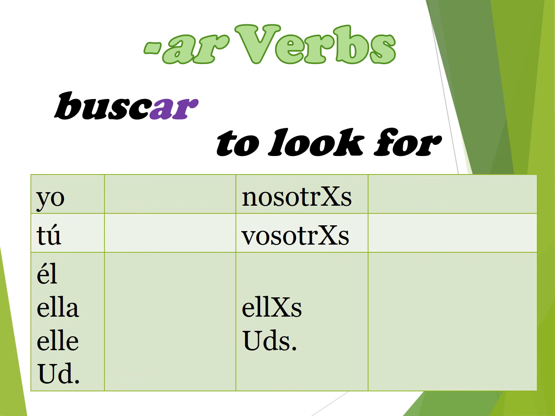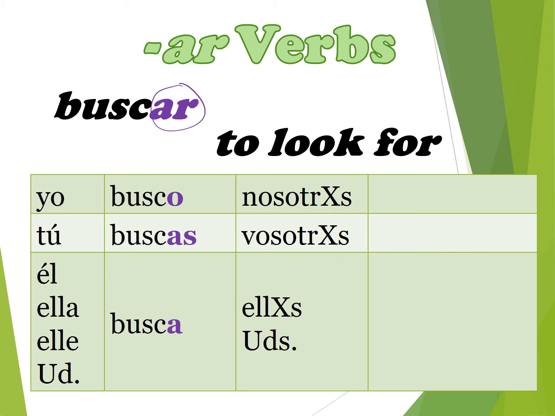So here's how this works. If I have a verb like buscar, which means to look for, I have my AR. And the first thing I'm going to do is take off the AR. And then I'm going to add my ending. And for yo, that's O. If I want to use tú, take off the ending, add as. Él, ella, usted: take off the ending, add a.